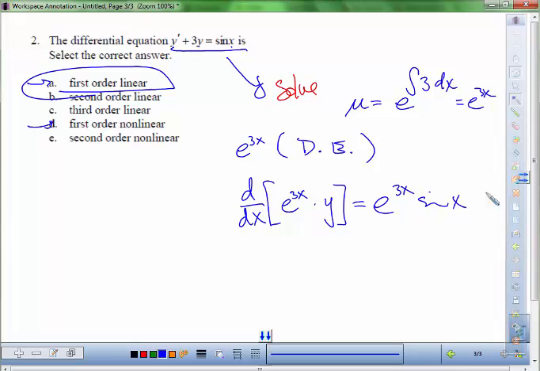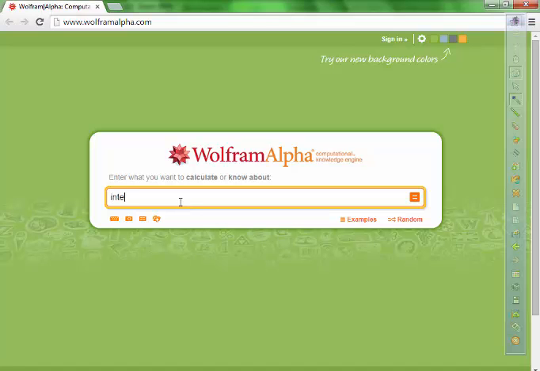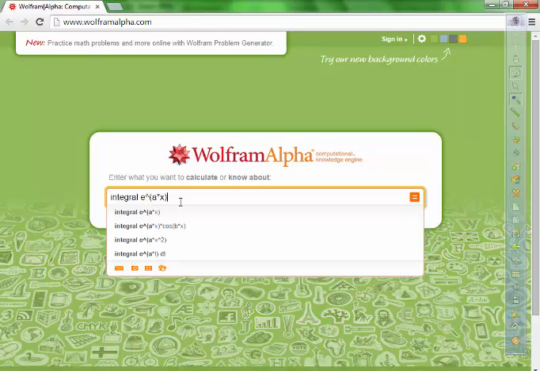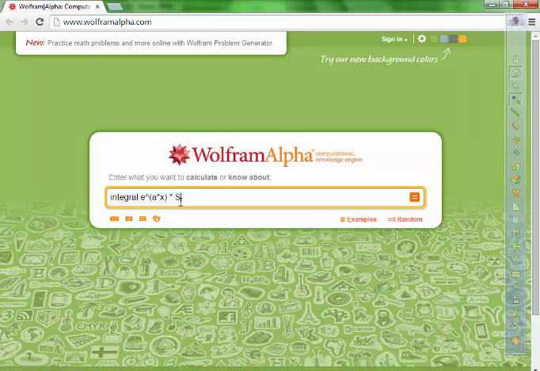What? You guys don't want to do double integration by parts on the test? Yeah. So there is a formula for this.